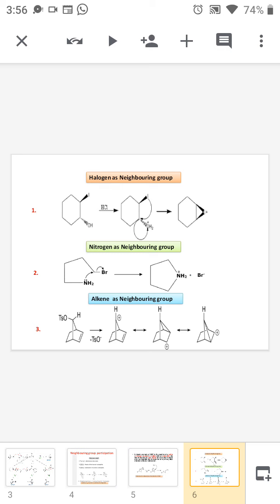In the third resonance structure, the sigma bond shifts toward this carbon atom, so the positive charge is shifted to the other carbon atom. So in this example, the alkene acts as a neighboring group.